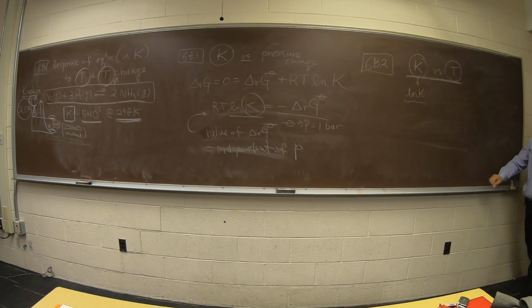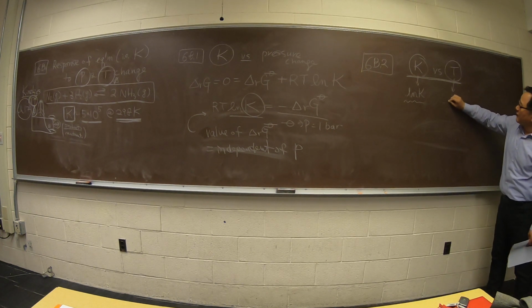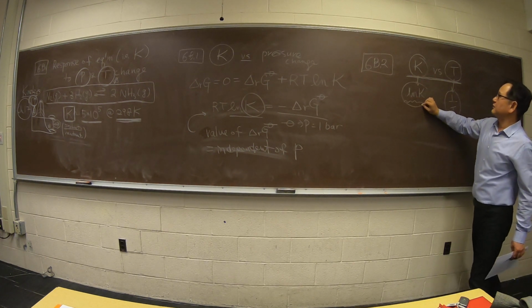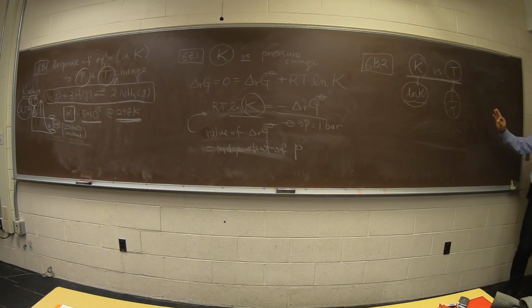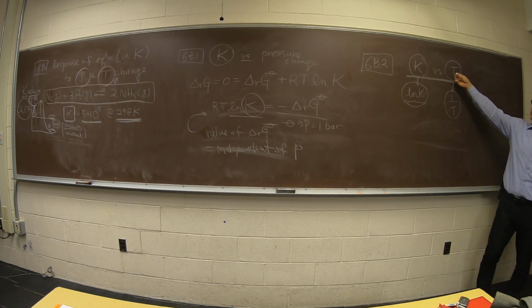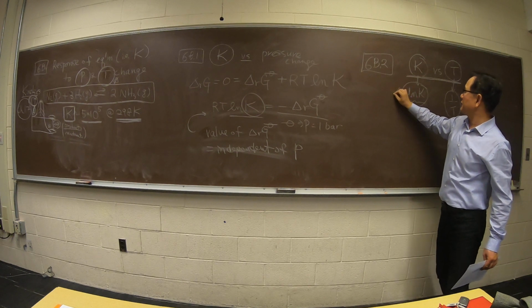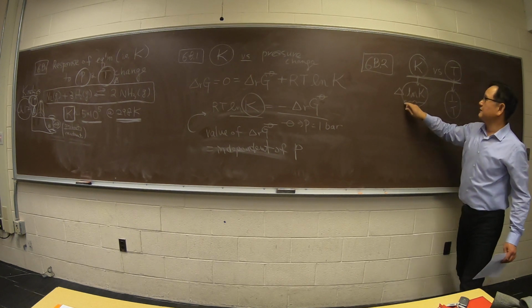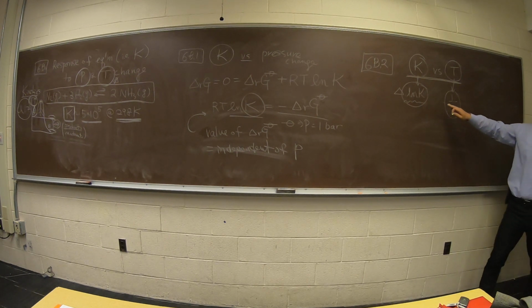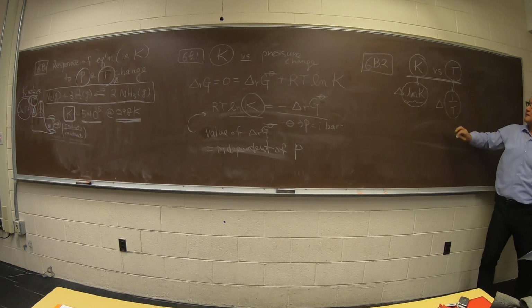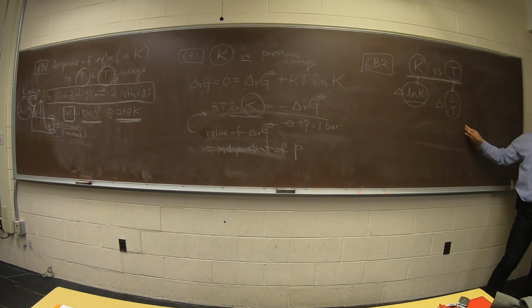When you change the temperature, it is actually 1 over temperature that you are changing, and they are proportional. What is directly proportional is the natural log of the equilibrium constant, their differences, to the 1 over temperature differences.